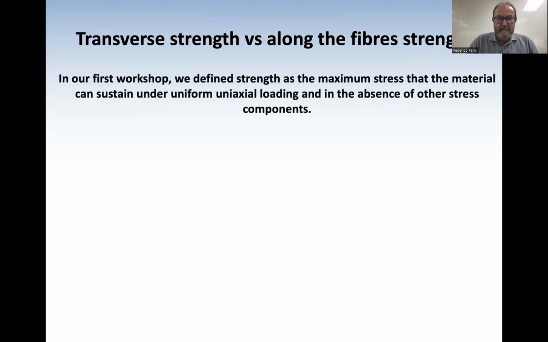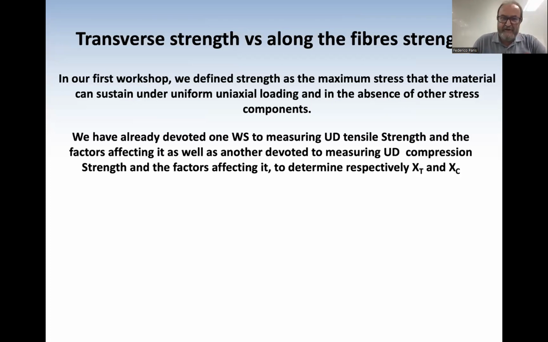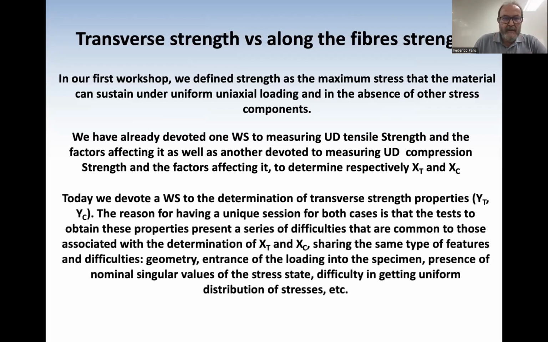In our first workshop, we defined strength as the maximum stress that the material can sustain under uniform uniaxial loading and in the absence of other components. We have devoted one workshop to measuring UD tensile strength and the factors affecting it, and another to measuring UD compression strength and the factors affecting it, to determine XT and XC. Today we devote a workshop to the determination of transverse strength properties, nominally YT and YC.